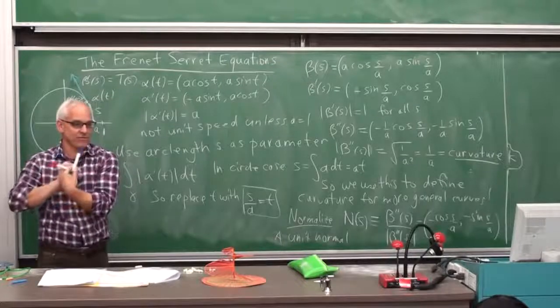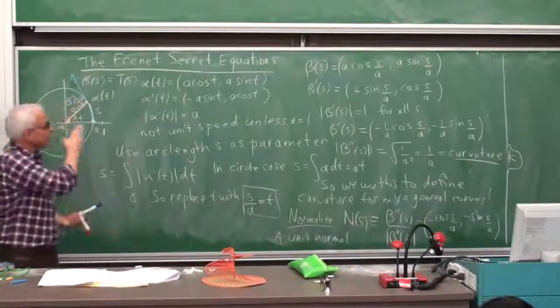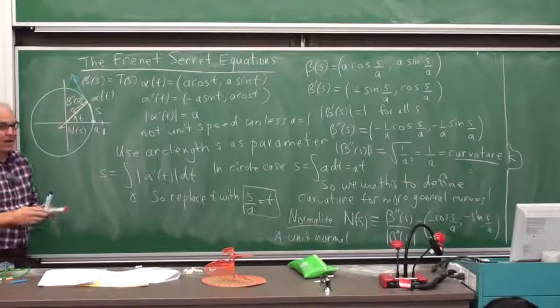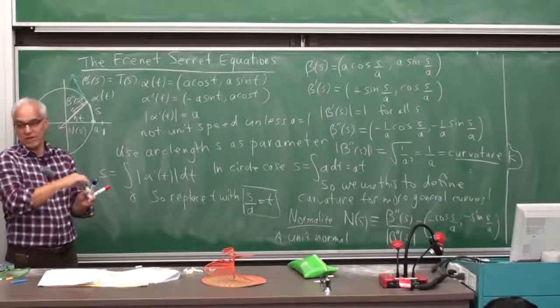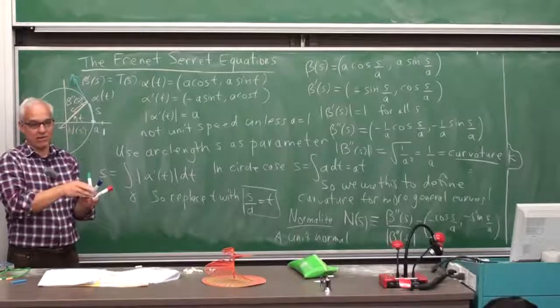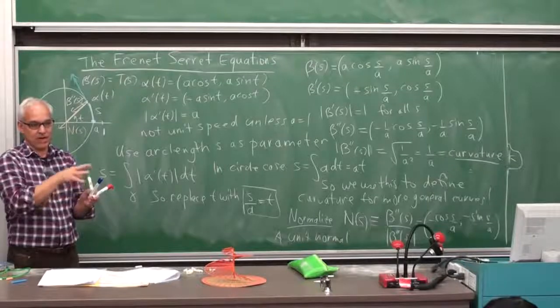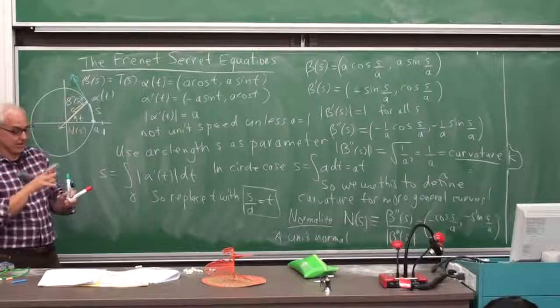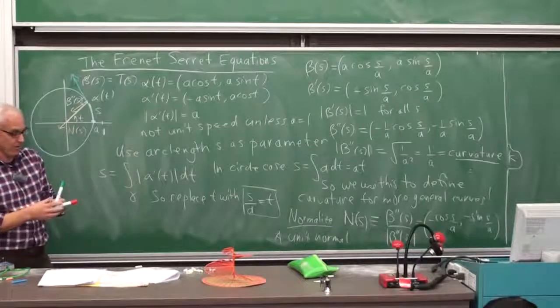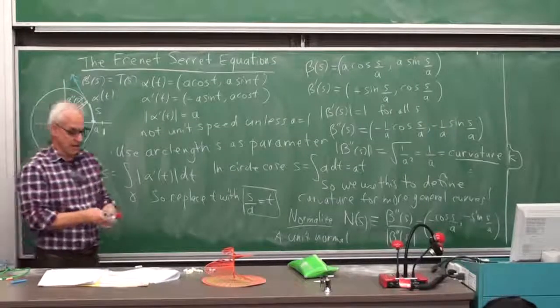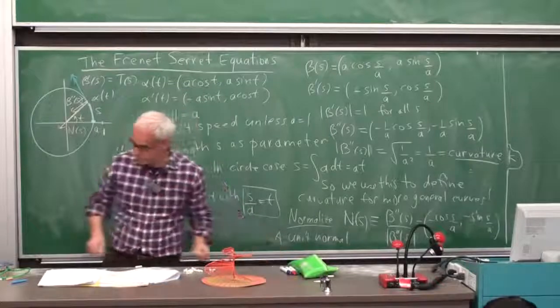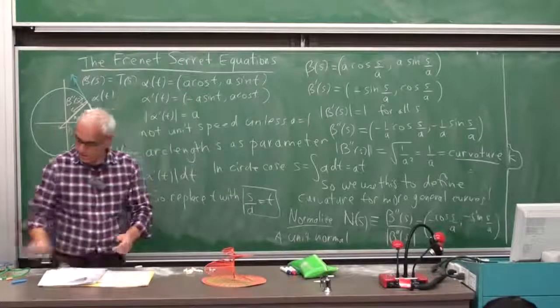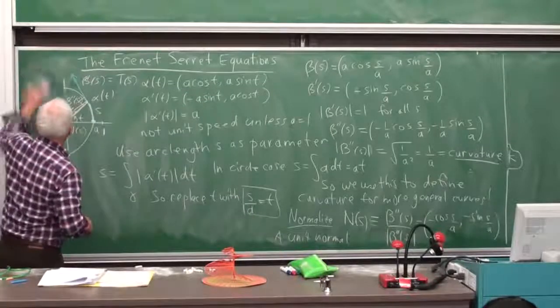The Frenet-Serret equations tell us how these 3 vectors are changing, giving very precise formulas involving the curvature and another quantity called the torsion that allow us to completely control what's happening in this unit speed case. All right, so that's what we're going to do.